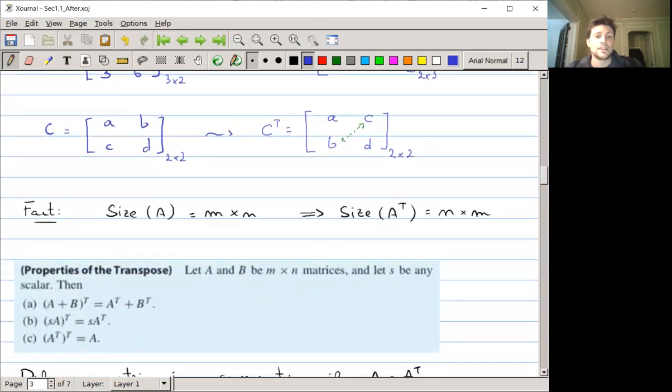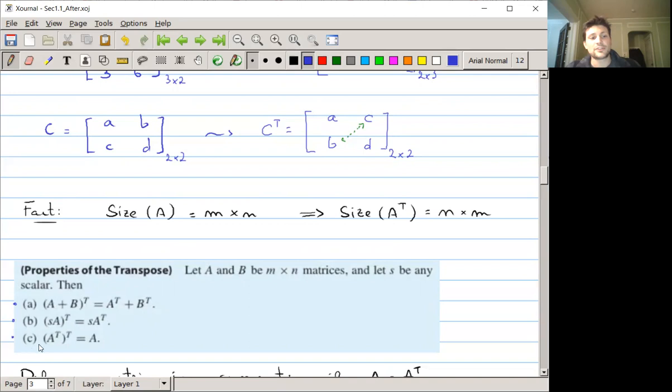Okay, let me just comment briefly on properties of a transpose. Transposition works well with the operations that we've already seen, addition and scalar multiplication. In fact, the transpose of the sum is the sum of the transpose. That's what property A reads. If I multiply a matrix by a scalar and then I transpose it, that's the same as transposing and then multiplying it by a scalar.